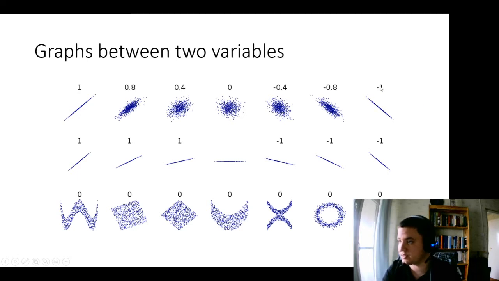And here is the negative correlation: if we have a very low value of one variable, we have a high value of the other, and the opposite way.